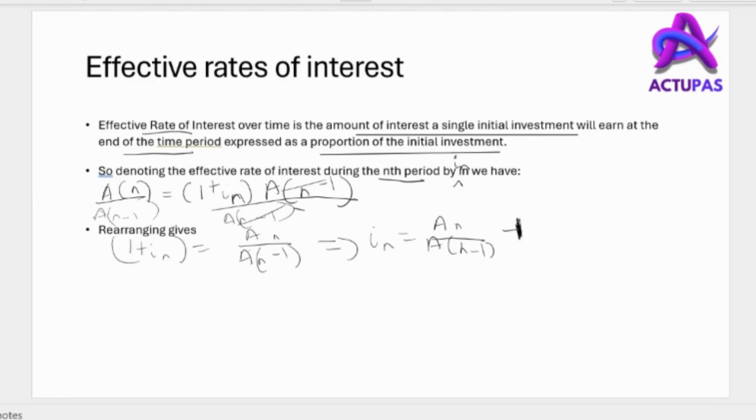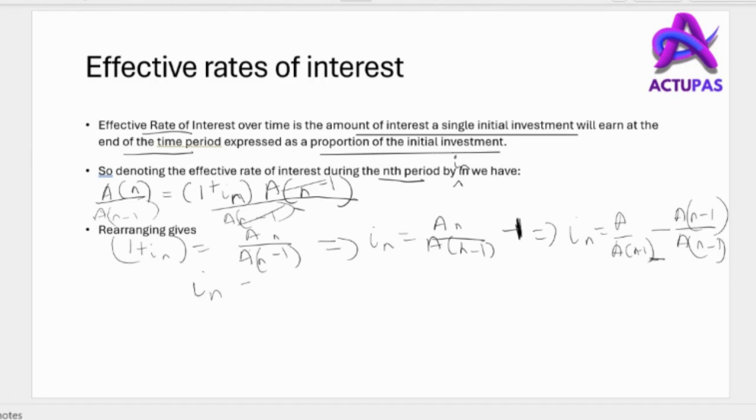What we can then do is, for 1, we have A(n minus 1) over A(n minus 1), which is just 1. So we can have a common denominator shared by the two sides.